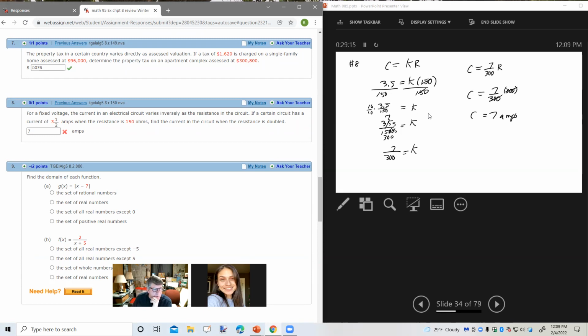Tell me what's wrong with this problem. Can anybody tell me what's the first mistake I made? Well, I'm pretty sure you're supposed to divide by 150, like K divided by 150. Yeah. The first mistake that I made was I went too fast. I thought, this is just like the other problem. So I jumped right into the wrong formula. Oh yeah, it's supposed to be K divided by R. Yeah, inversely.